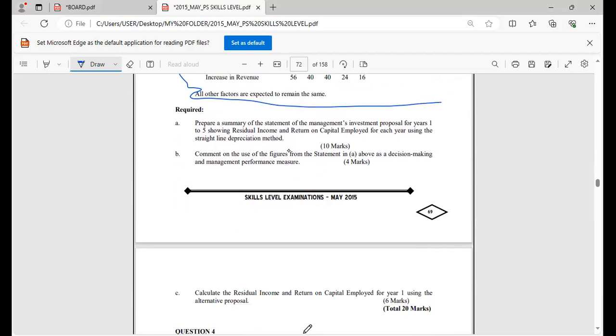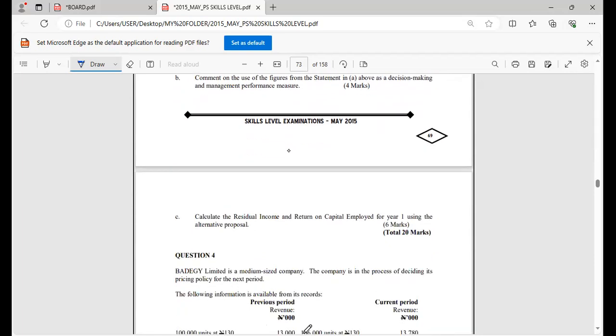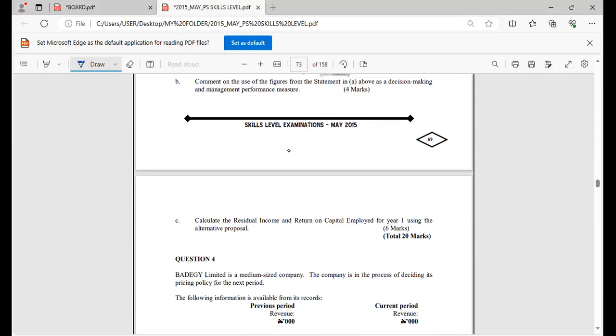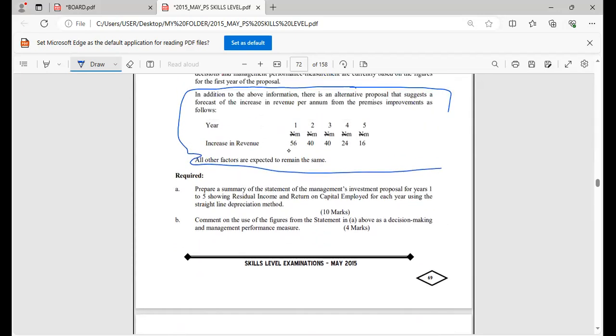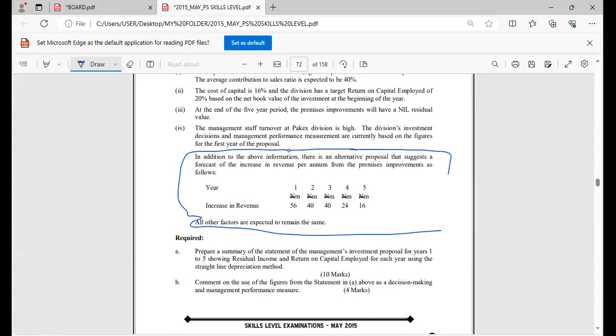Go to C. Calculate the residual income and return on capital employed for year 1 using the alternative proposal. Can you see now? Using the alternative. That one is the real investment. That's where this place now comes to play.